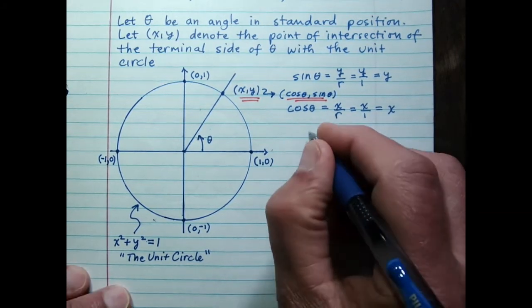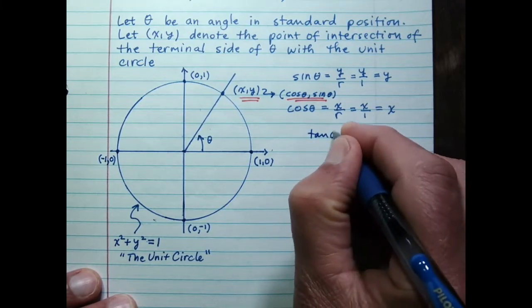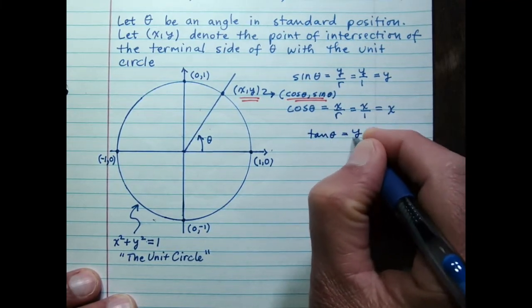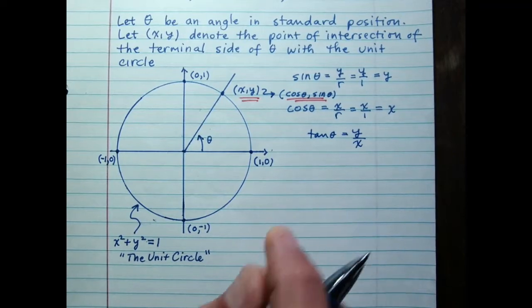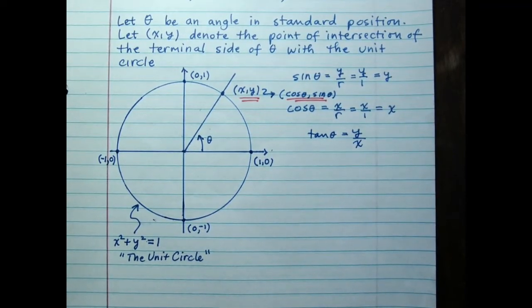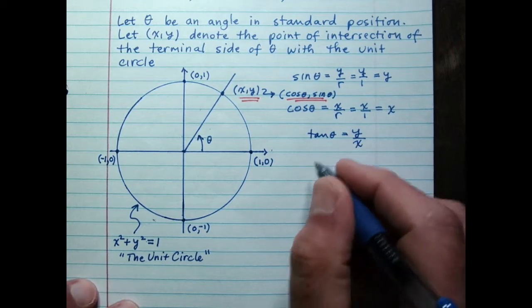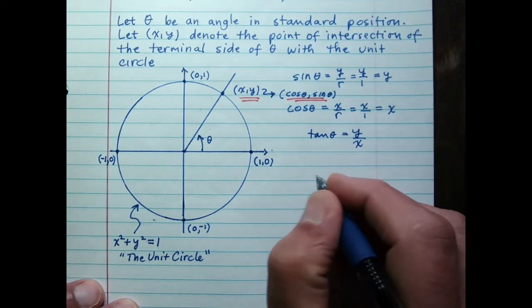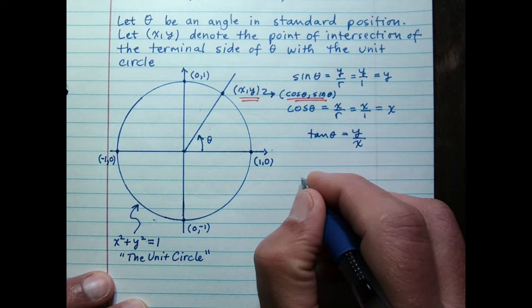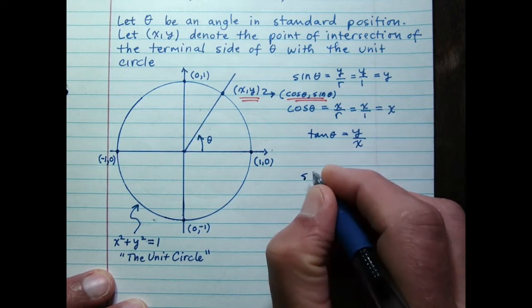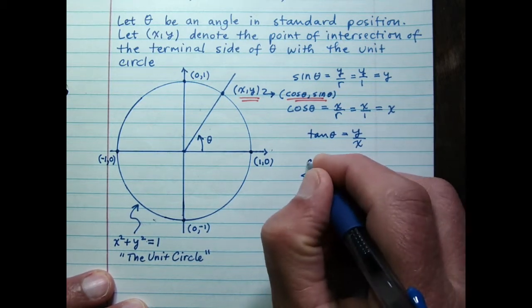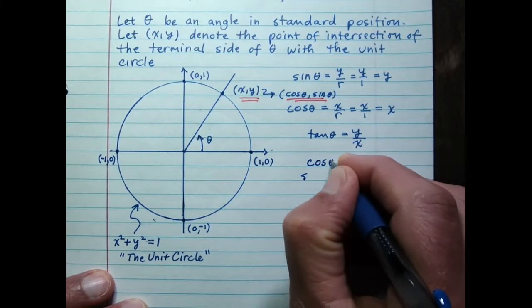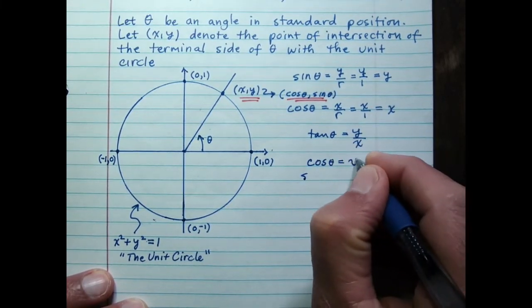As far as tangent is concerned, tangent theta is still y over x. That doesn't get simpler in this discussion. Let's try to sum things up here. I'm going to start writing cosine theta first, because we want to always make that connection with the x-coordinate.